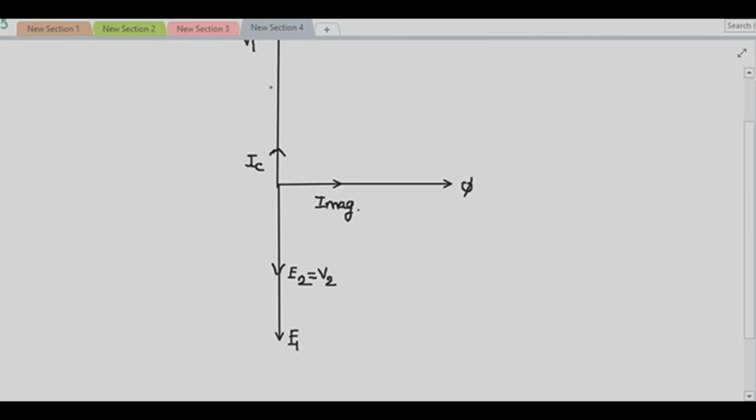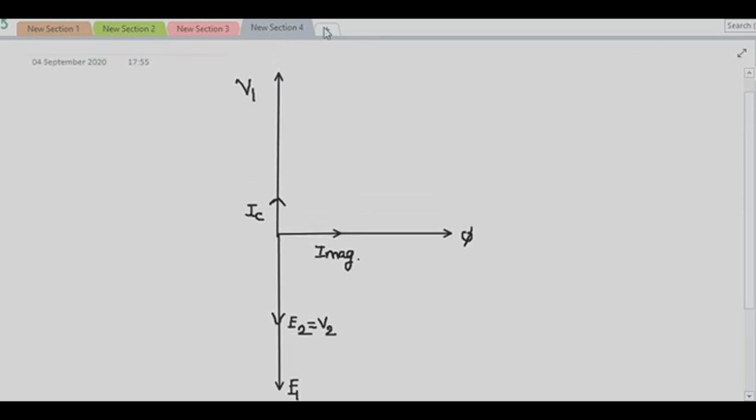So this is your E1, and I will take minus of this component on the upper side. So V1 is approximately equal to minus E1, and this component IC will overcome the core loss. Now I0 is nothing but the vector sum of IC and IM. So I will take the vector sum of both currents, I magnetizing and IC, to get the no load current I0.